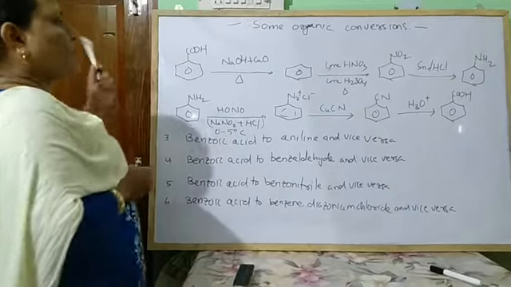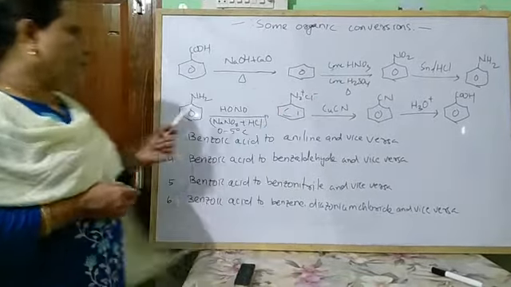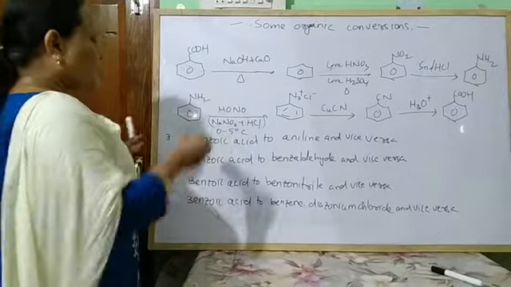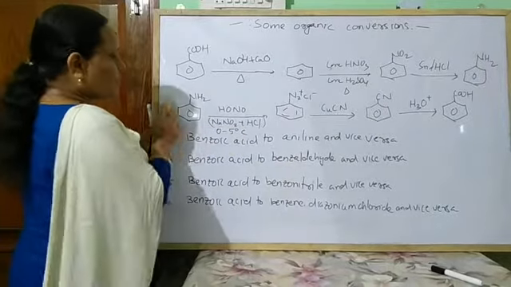So this is how you can convert benzoic acid to aniline and again aniline to benzoic acid. Next question.